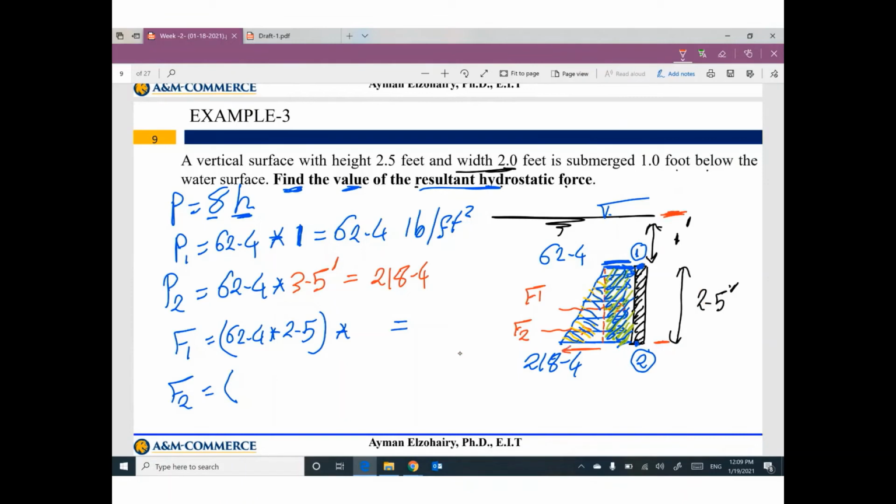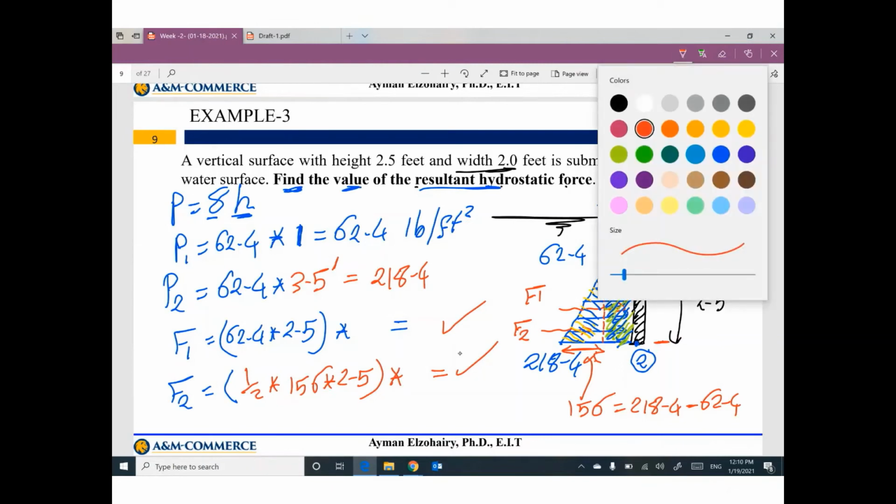This little value will be 156, equal to 218.4 minus 62.4. So 1/2 times 156 times 2.5 times something. I can get this value and this value. Can anybody tell me what I should use here?